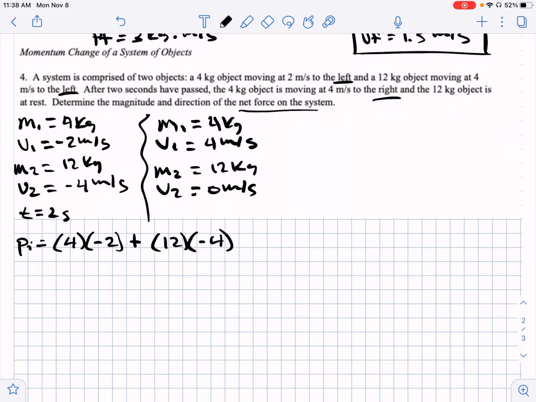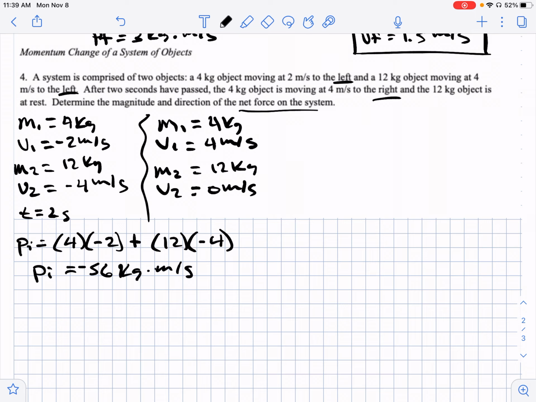And when we plug this all in, your initial momentum of the system is equal to 56 kilograms times meters per second, but it's negative, right? We have a negative because both of those are negative velocities. So be careful with your signs there.